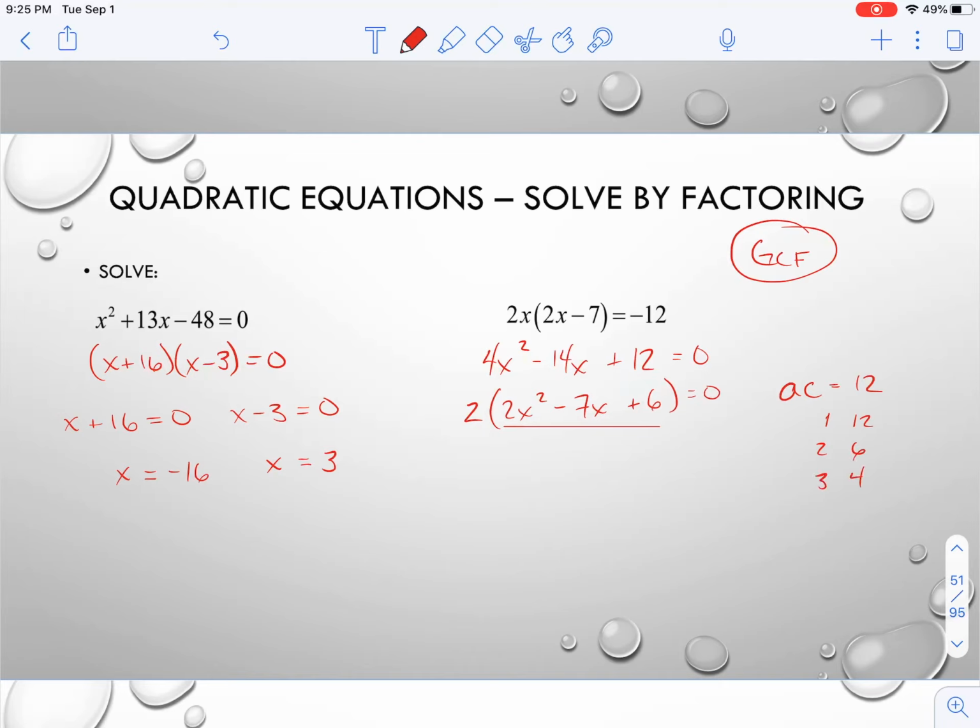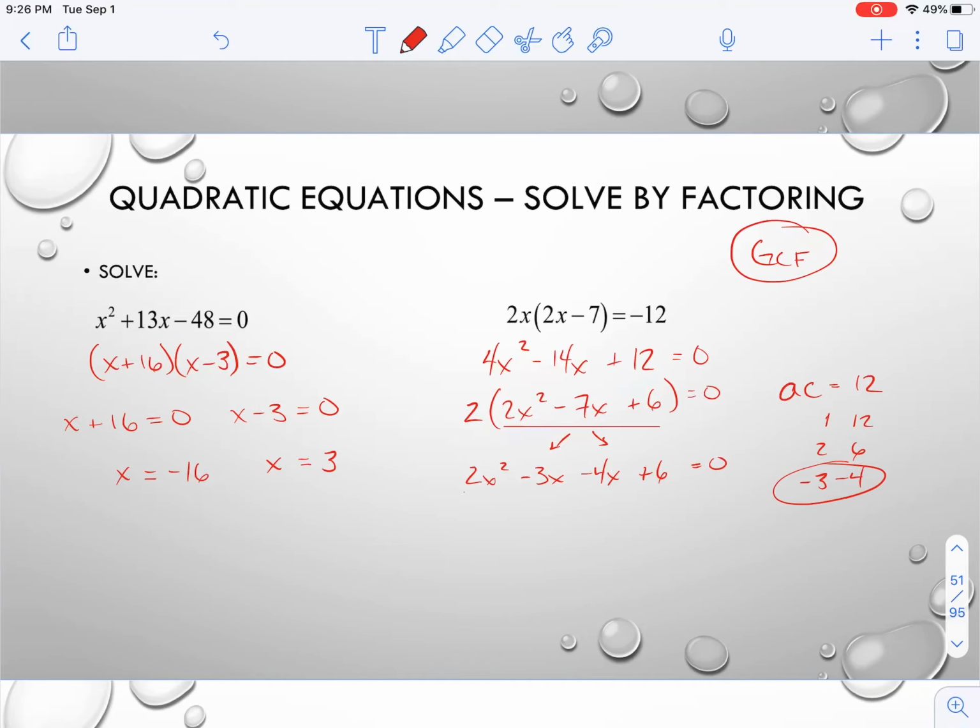Because A times C was positive, I'm looking for factors that have the same sign that are going to add to my middle term, in this case negative 7. That pair of factors is going to be negative 3 and negative 4. So I'm going to rewrite this, splitting the middle term up: 2x squared minus 3x minus 4x plus 6 still equal to 0.